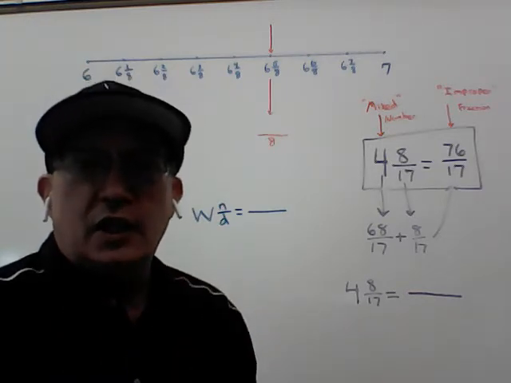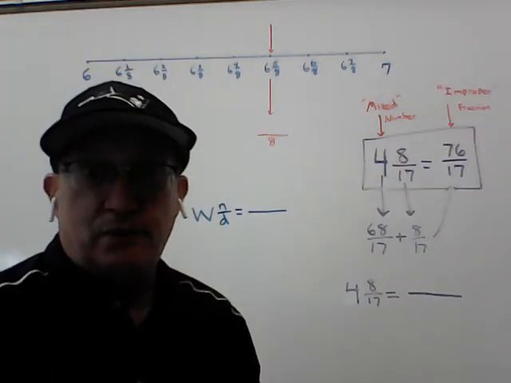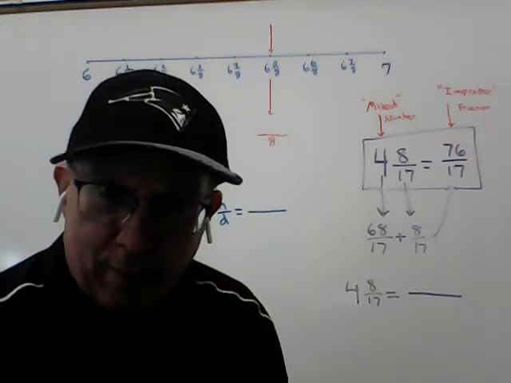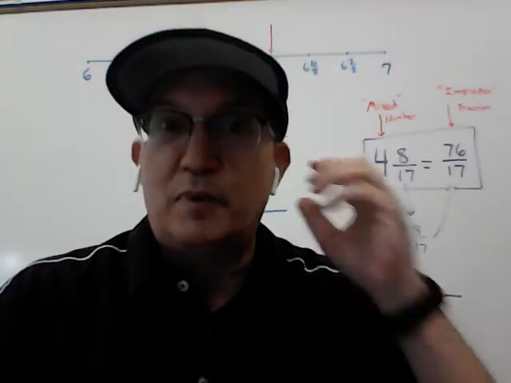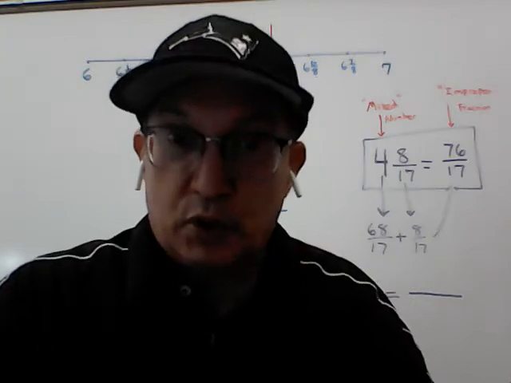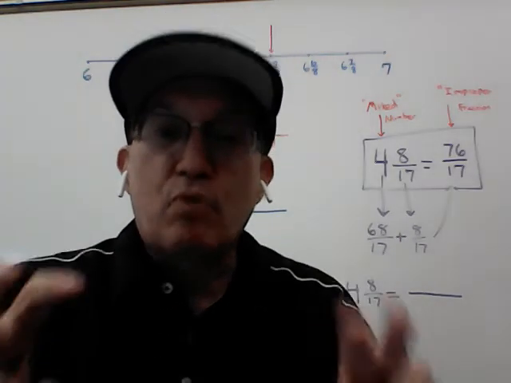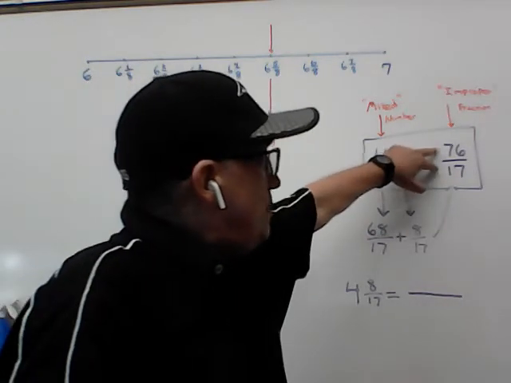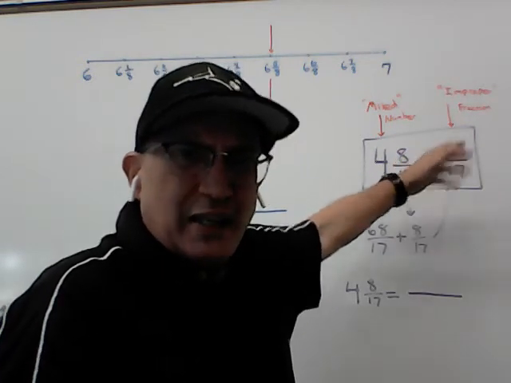The example I usually give is the dinner table, particularly if you have guests at the dinner table at your home. Well, there are certain things that would be considered improper. When I was young, I was told, don't put your elbows on the table, especially when company's over. Don't slurp your soup. Things like that. Proper versus improper behavior. So in mathematics, when we call this thing an improper fraction, it's like we're saying it's bad.